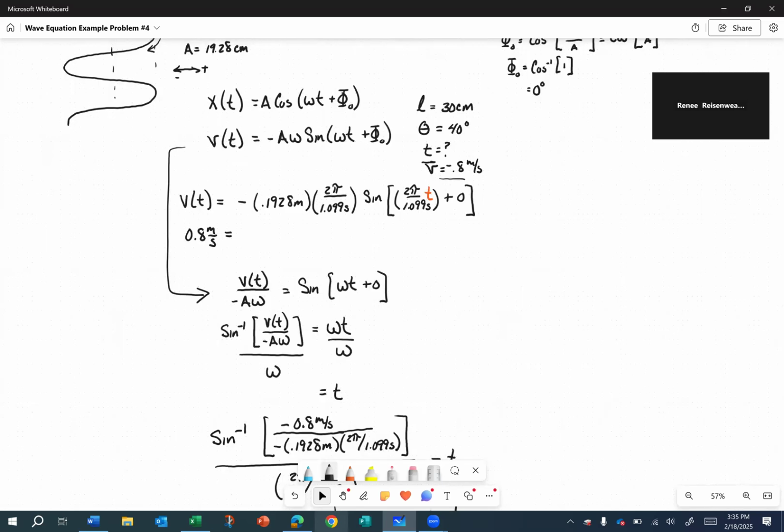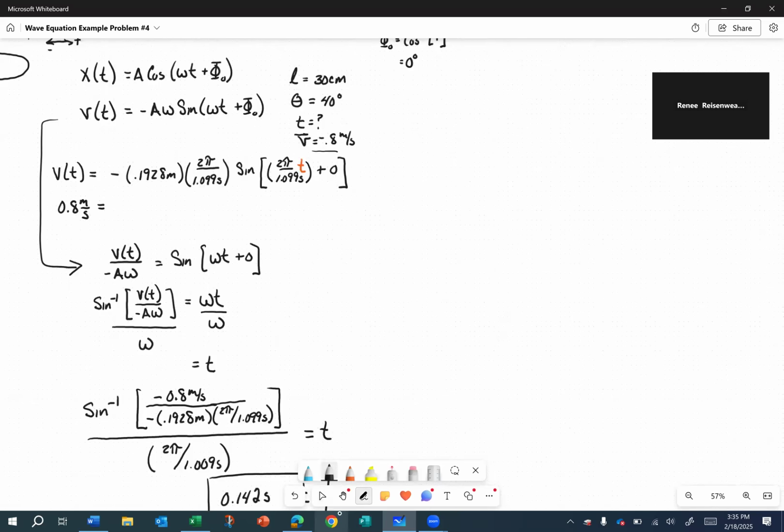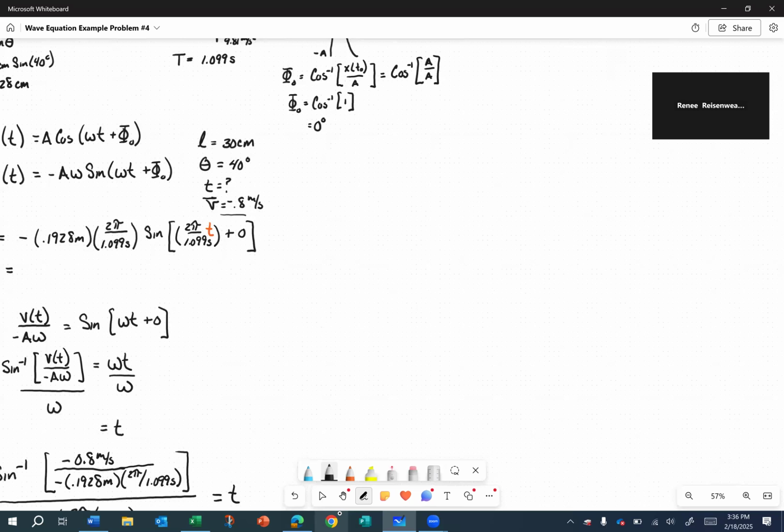So now I'm going to use that time in our position equation to solve for where the pendulum is at that time. Going back to our equation of A cosine omega t plus phase constant, that phase constant is 0, so I can eliminate that.